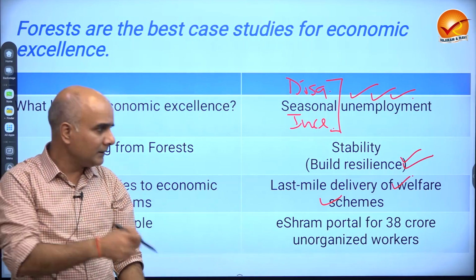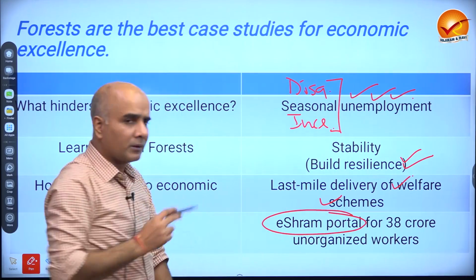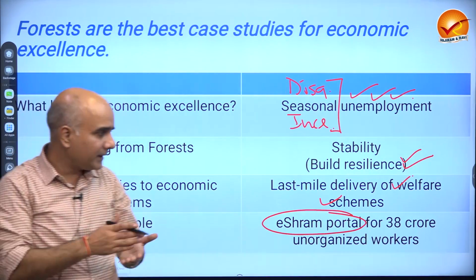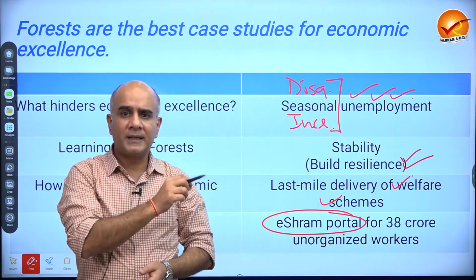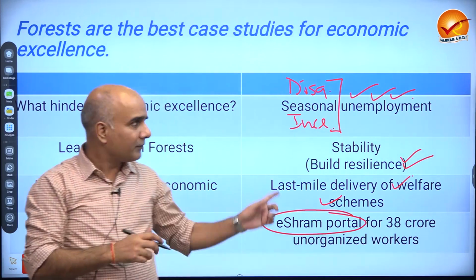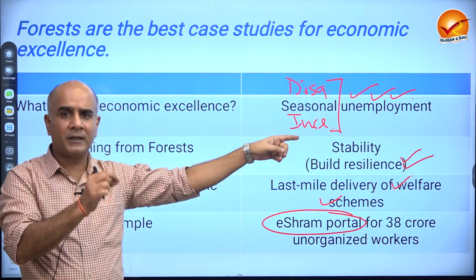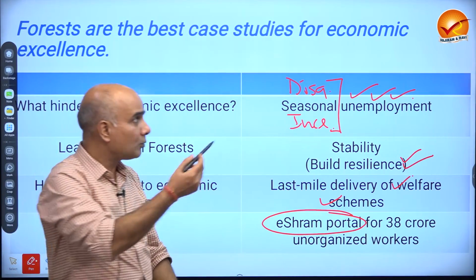And this in India from 2021 takes the form of your e-Shram portal. The e-Shram portal will create an automated database of 38 crore people in the unorganized sector, ensuring that whenever they are suffering, at that time, appropriate targeted interventions can be made for their welfare. And when you make these interventions, what is that doing?